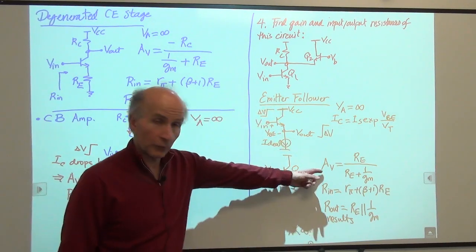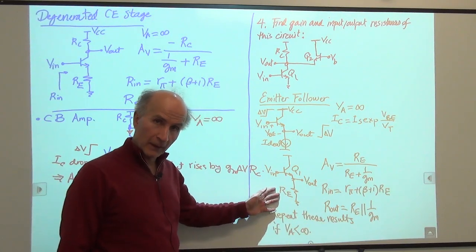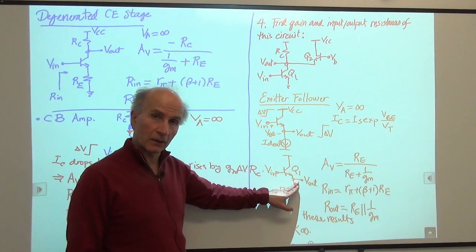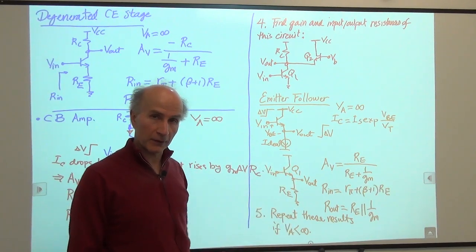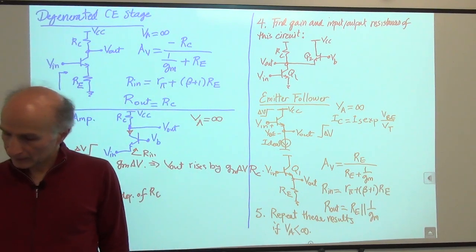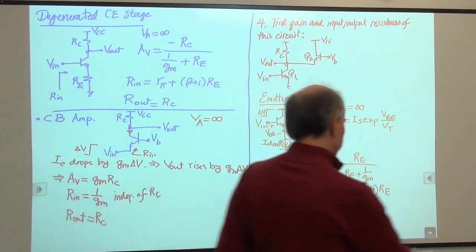So we want to find the voltage gain, the input resistance, and the output resistance of this circuit if the transistor has a finite RO here, which goes from the collector to the emitter. All right, that's problem number 5 for homework number 1. All right, that completes our bipolar studies. Now we're going to go to MOS studies.